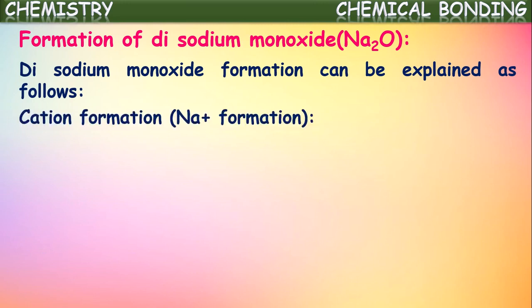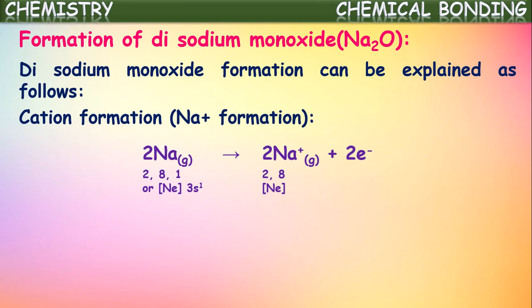First, let us see the formation of the cation, that is, the sodium ion from the sodium element. We know the electronic configuration of sodium is 2, 8, 1 because the atomic number of sodium is 11. It has 11 electrons and its configuration is 2, 8, 1, which means in the outermost shell it has only one electron.